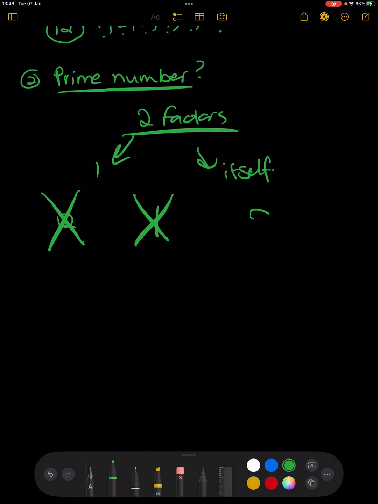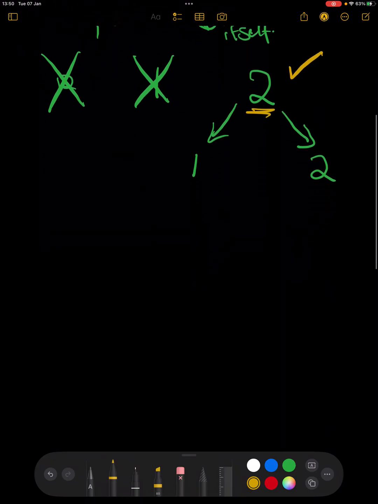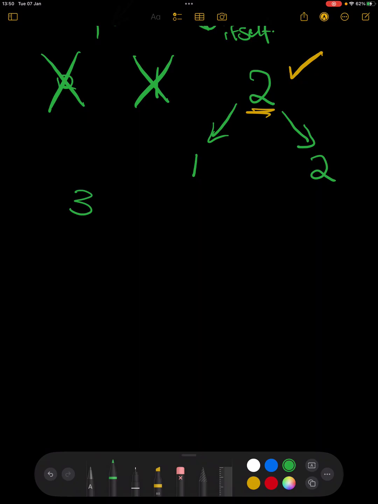However, if we have a look at the number 2, the number 2 has got two factors, 1 and 2. Therefore, we can say 2 is a prime number. Let's try the same thing with 3. What numbers can divide into 3? Well, firstly, we have 1 and 3.